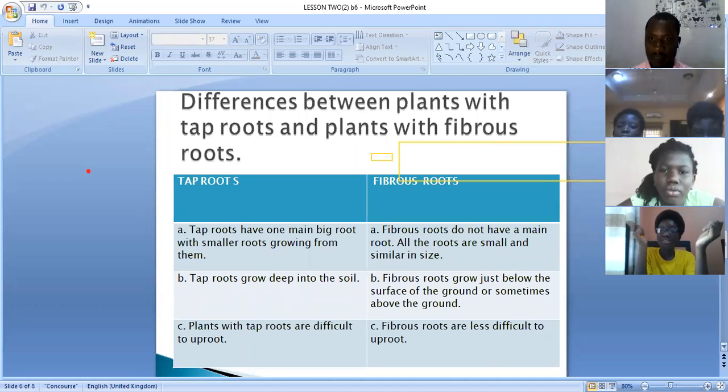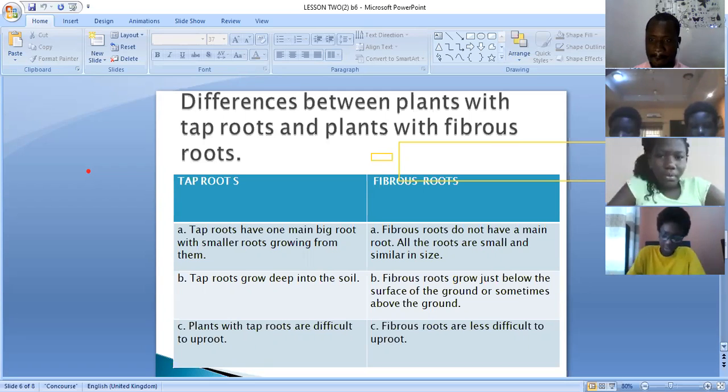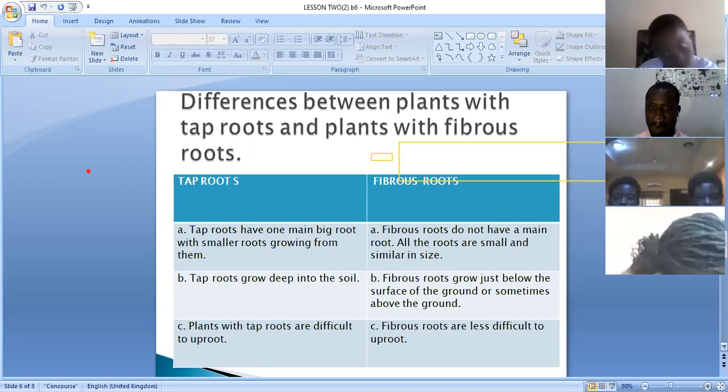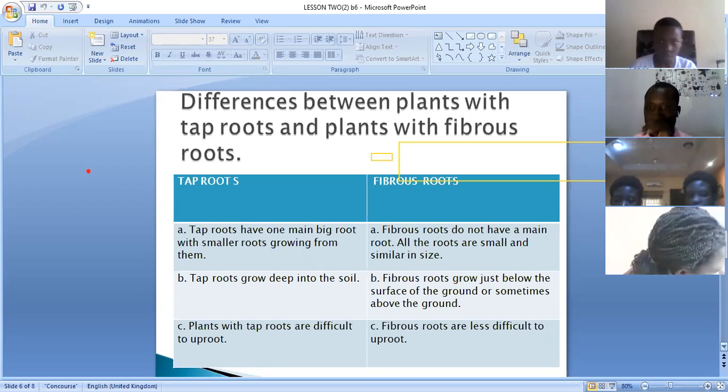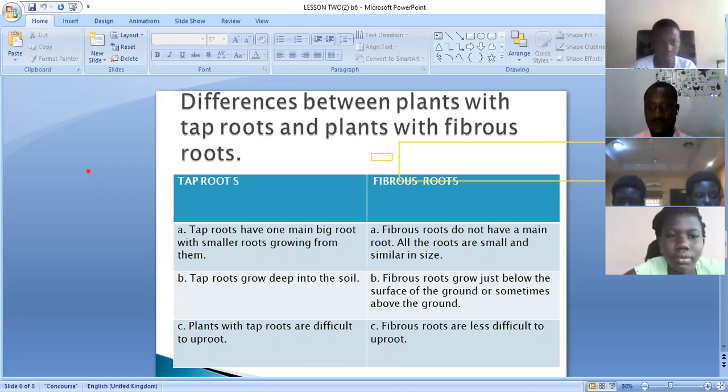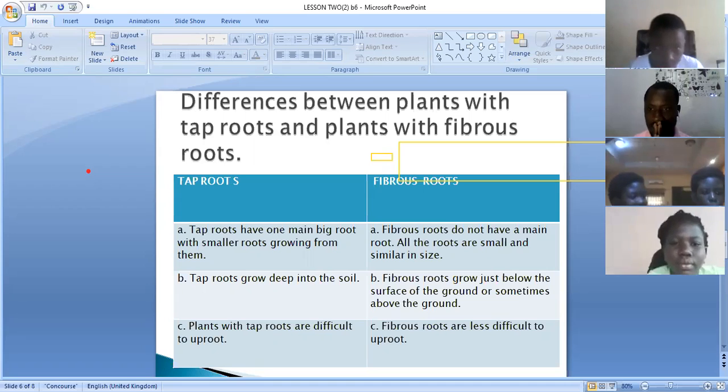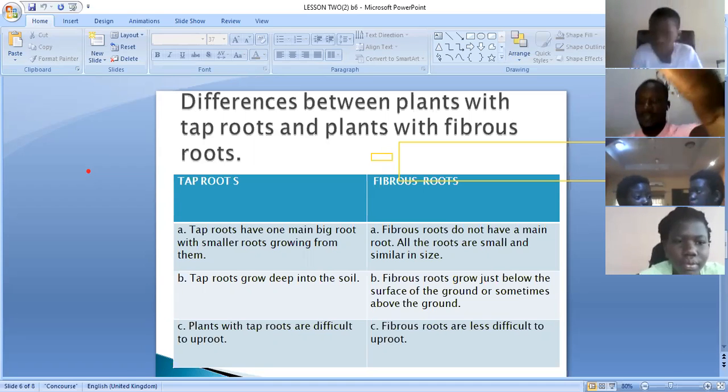Yes. Come again, Nadia, with the question. The taproots normally grow deep into the soil and they have one big root growing down. So there are some roots growing beside it, right? Yes.